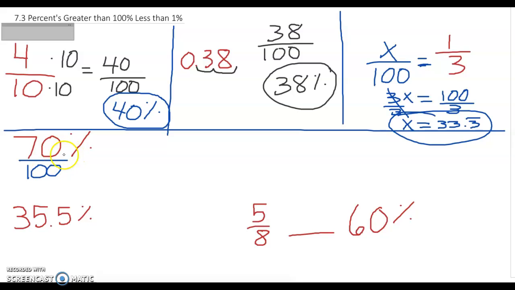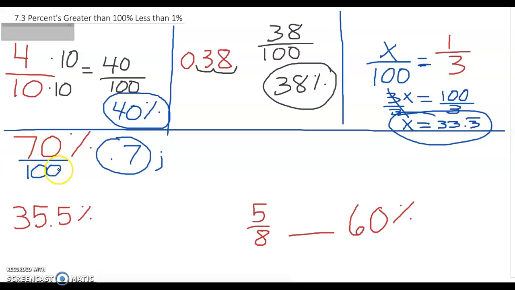I apologize, let me start over. What I mean by that is we're going to divide 70 by 100, and we're going to get 0.7. That's how we convert it into a decimal. How we convert it into a fraction: you just look for the GCF between 70 and 100.